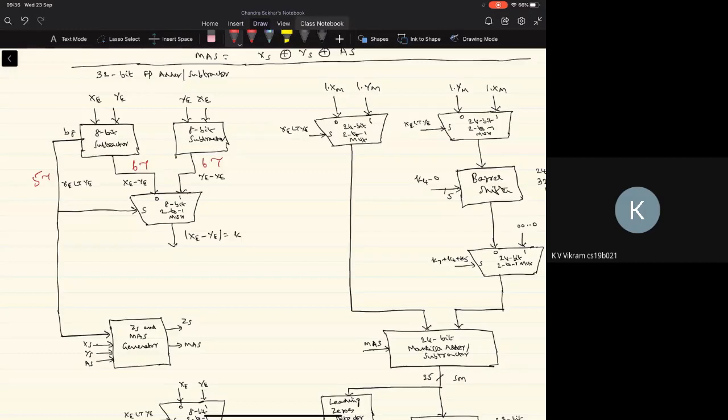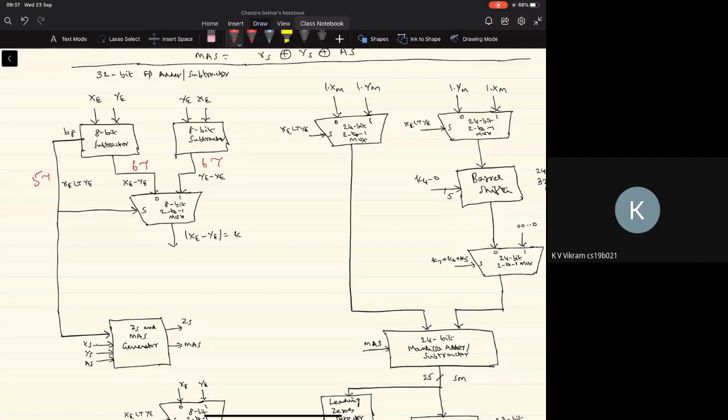What is the delay of the multiplexer? Again, all of you have implemented the multiplexer circuit. It's actually a simple 2 to 1 multiplexer. And we have seen that the number of bits in the data lines will not change the delay of the multiplexer.